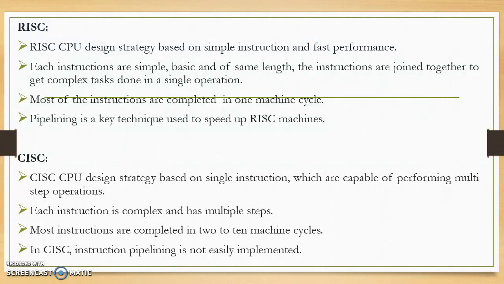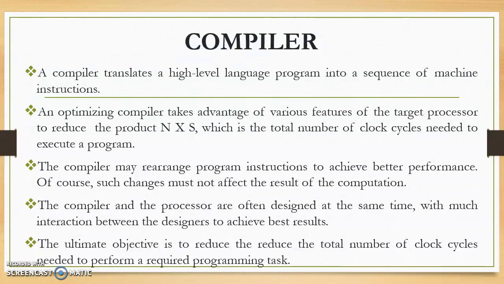And third, pipelining is very easy to execute in RISC machines because the basic instructions are simple, and in CISC, pipelining is not implemented easily because the instructions are complex and dependent on each other. Next comes the compiler.